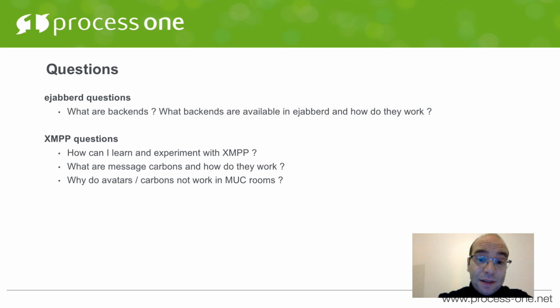What are carbon copies? How do they work? How do we enable them, and what are they used for? And the last question is about MUC rooms and the capabilities of the MUC rooms. Why do avatars or carbons not work in MUC rooms? This is something I will reply to at the end of the XMPP Academy session.